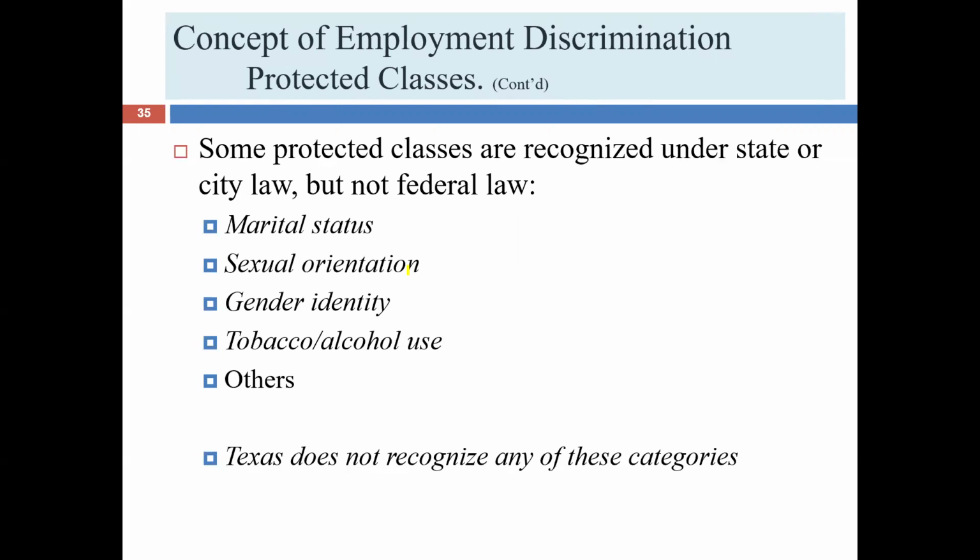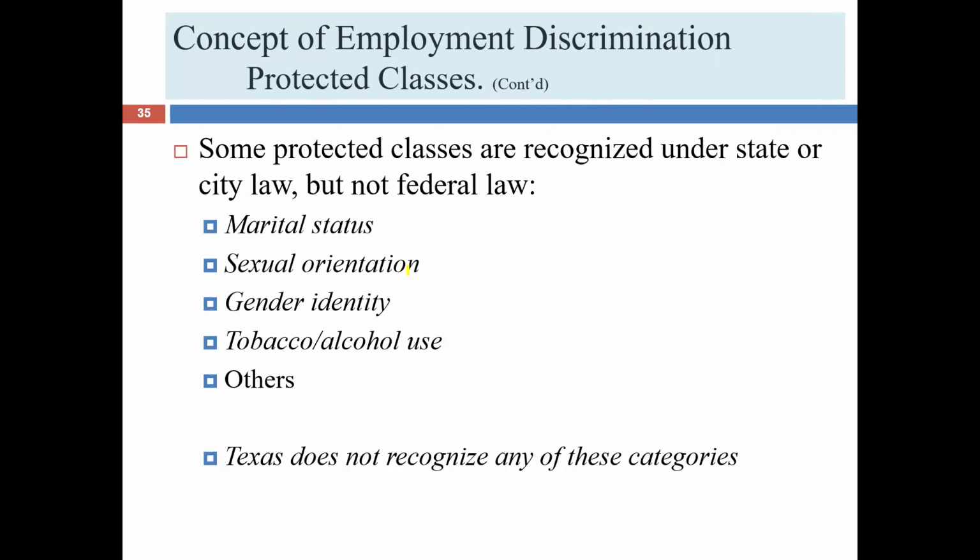Some states also provide protection for people based upon their tobacco and alcohol use. It's not unusual for employers to say, if you use tobacco products, you'll have to pay an additional benefits fee on your health insurance, for example. Or you can't work for us if you use tobacco, or perhaps even alcohol.